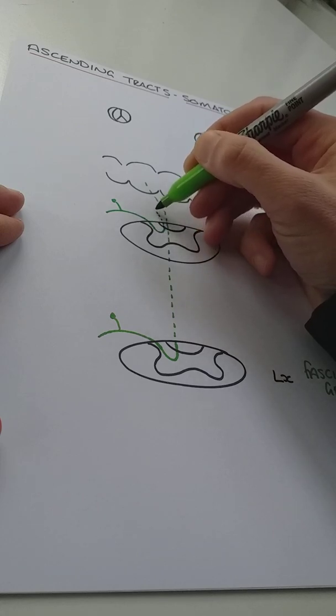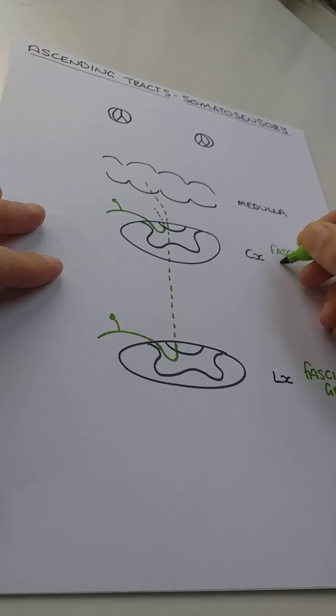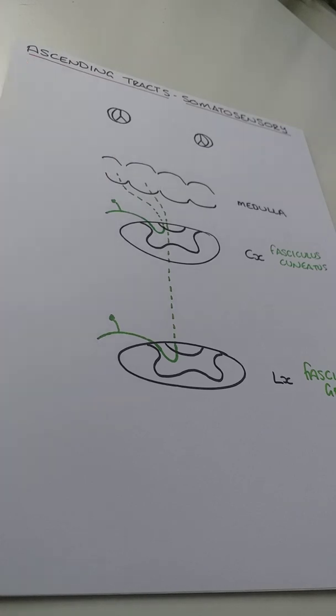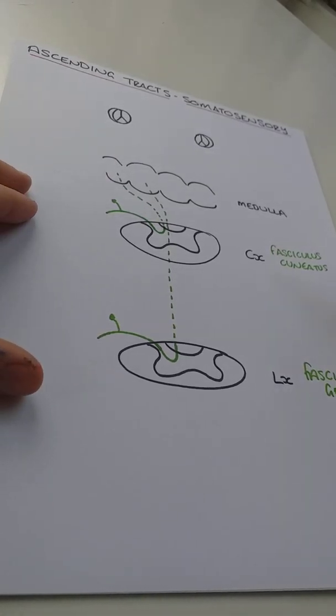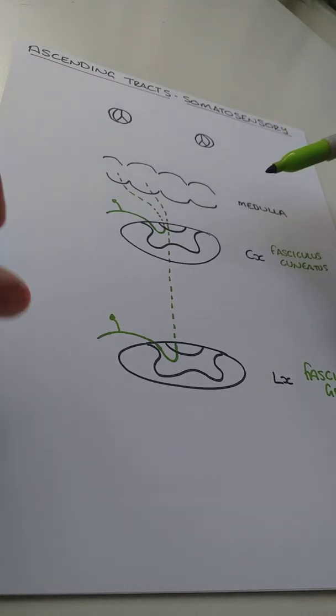And this is called your fasciculus cuneatus. And then that comes up into another nucleus of the medulla. And these nuclei are called the nucleus gracilis and the nucleus cuneatus.